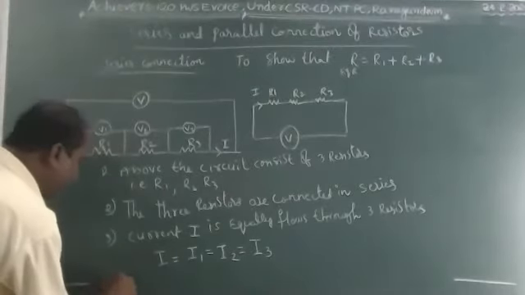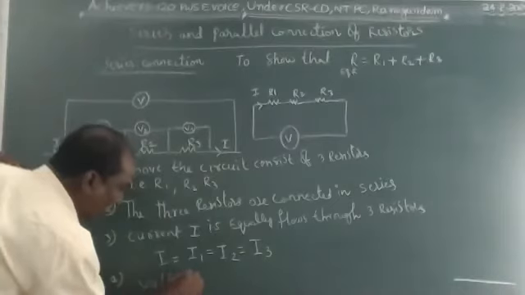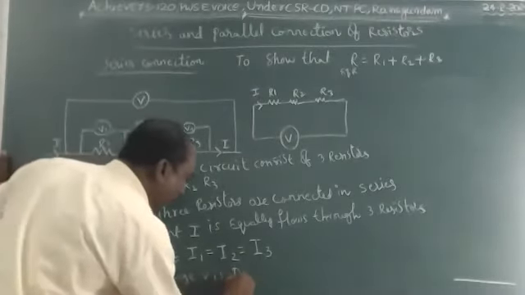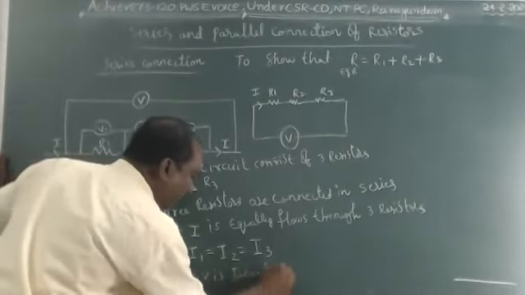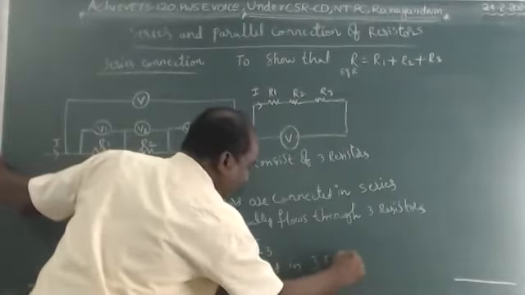Then the fourth one: how is the voltage divided? Voltage V is divided in three resistors.